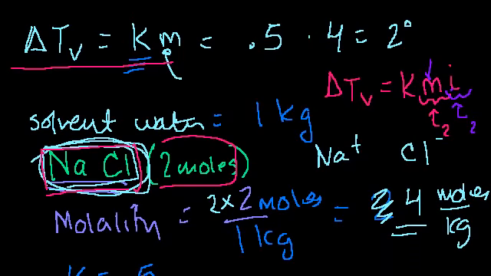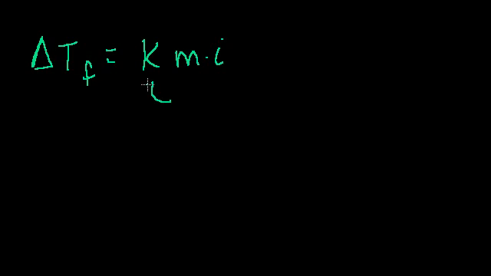Now, freezing point is the same thing. Change in freezing point is also proportional to the molality. And you could either say the molality of the original non-dissociated compound times the number of particles it disassociates into. Although this K is going to be different for freezing than it is for boiling. And of course, this K changes at different pressures and for different substances.